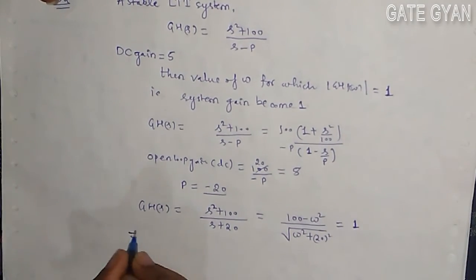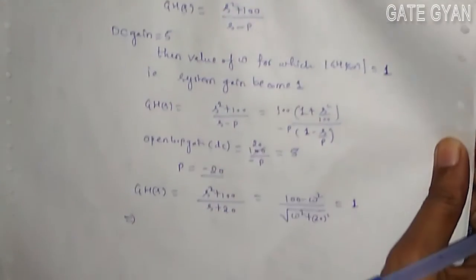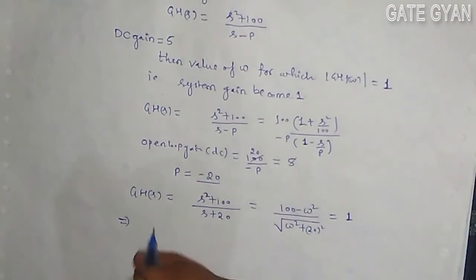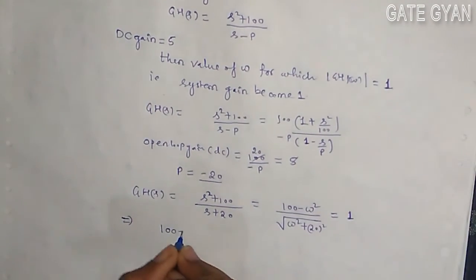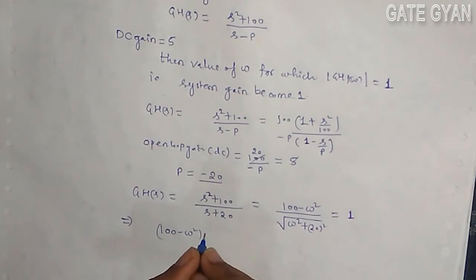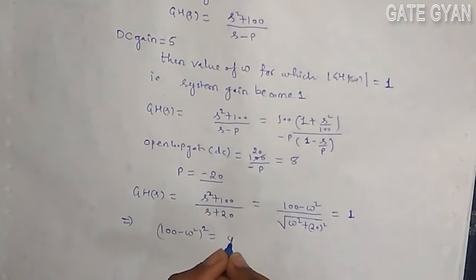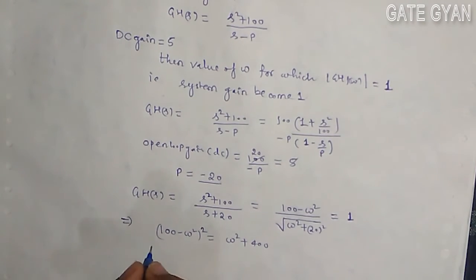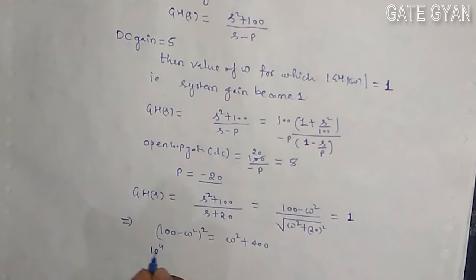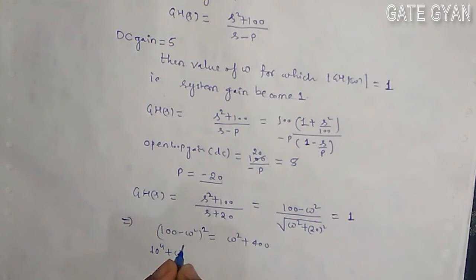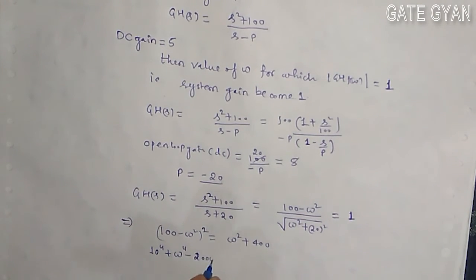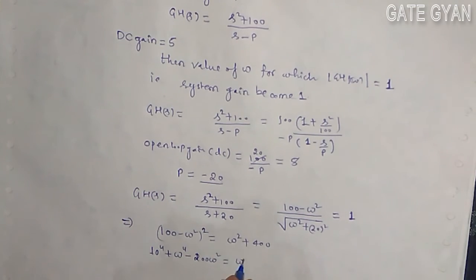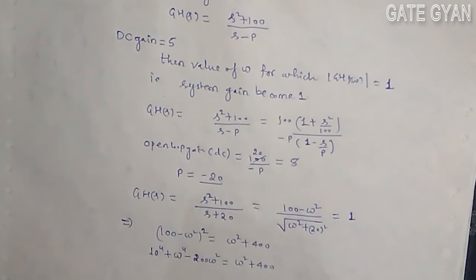So we get (100 minus omega square) whole square equal to omega square plus 400. So 10 to the power 4 plus omega to the power 4 minus 200 omega square equals omega square plus 400.